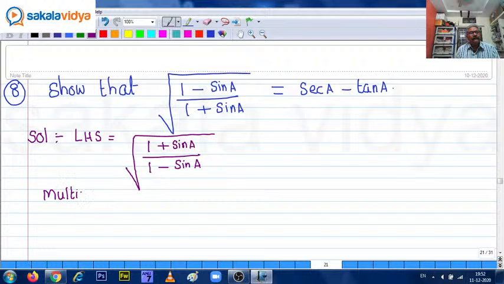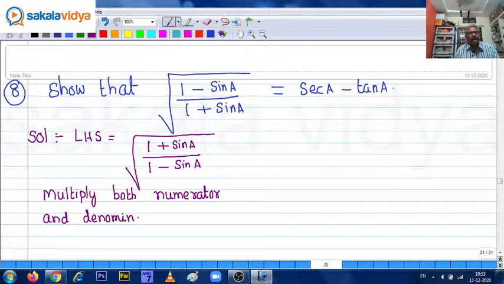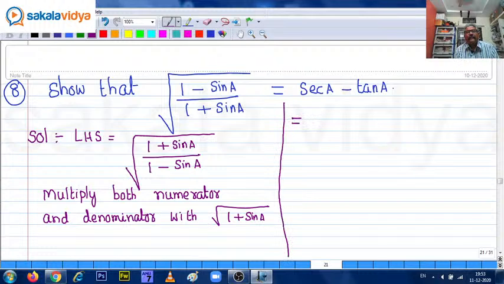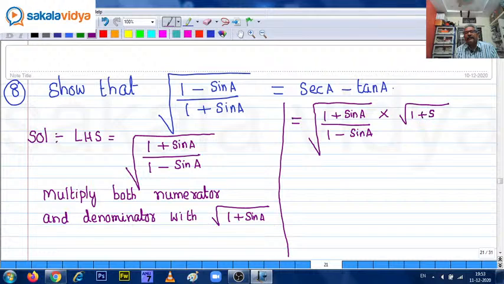Multiply both numerator and denominator with root over 1 plus sin A. So you get the step like this: root over 1 plus sin A upon 1 minus sin A, being multiplied with root of 1 plus sin A upon root of 1 plus sin A.